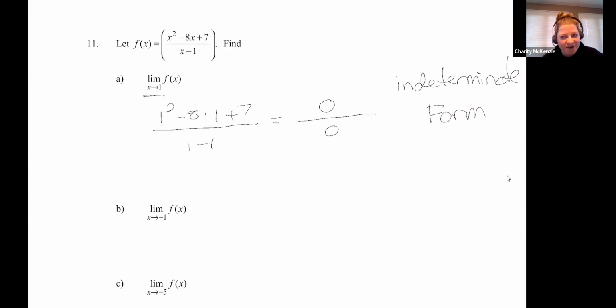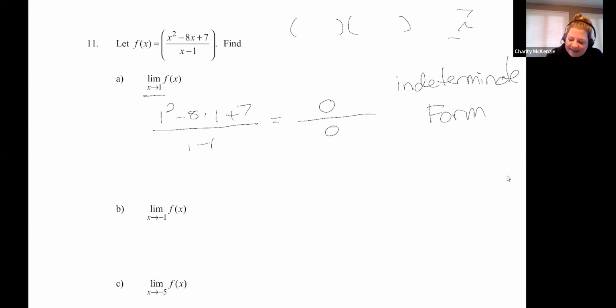So we either have to factor or we have to use that idea of rationalizing the denominator, but we do it backward and we rationalize the numerator. For this one, can we factor? Let's look at the top function. Does it factor? We're looking at that 7.